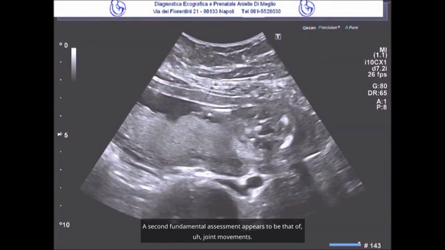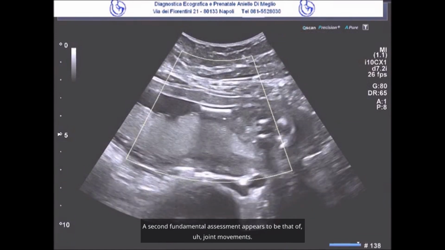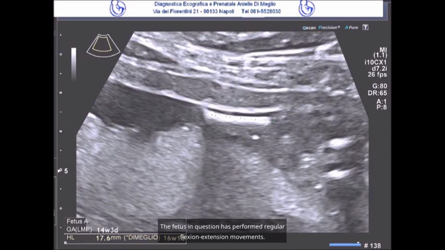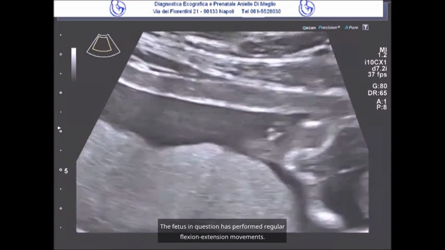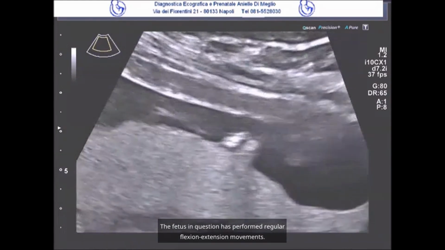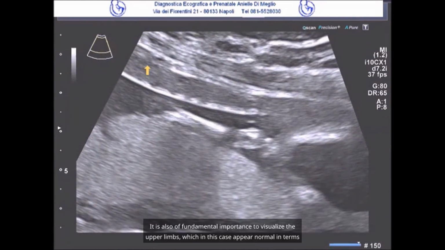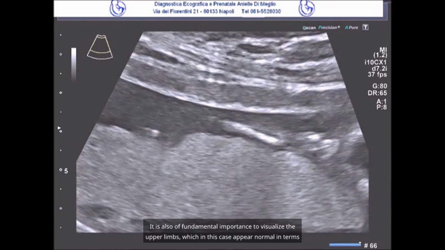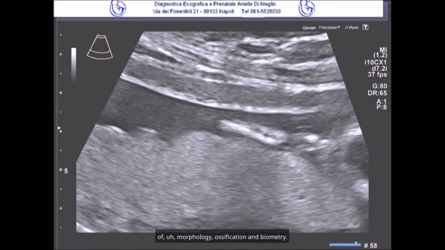A second fundamental assessment appears to be that of joint movements. The fetus in question has performed regular flexion extension movements. It is also of fundamental importance to visualize the upper limbs, which in this case appear normal in terms of morphology, ossification, and biometry.